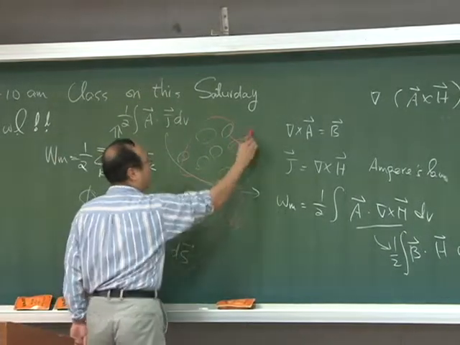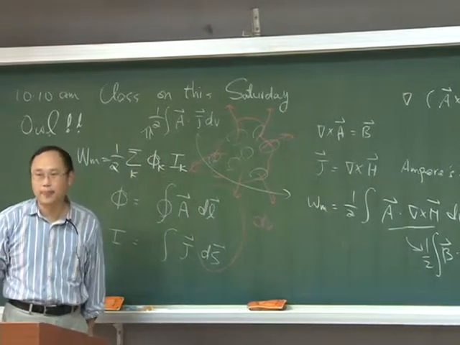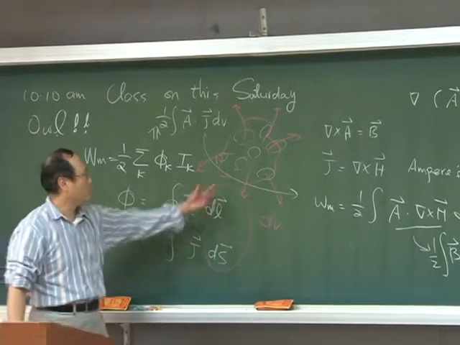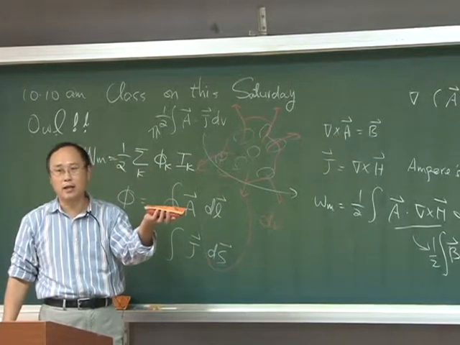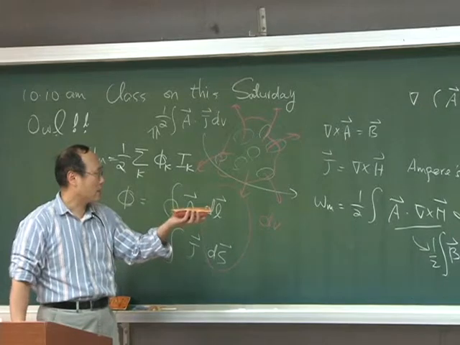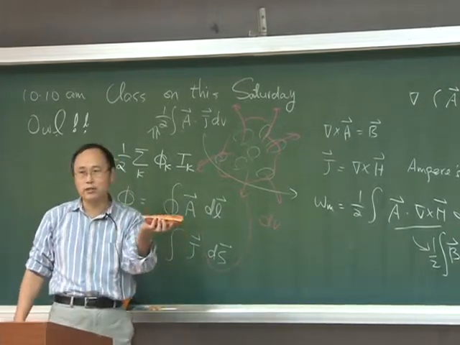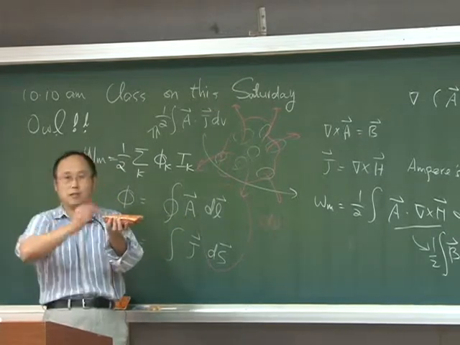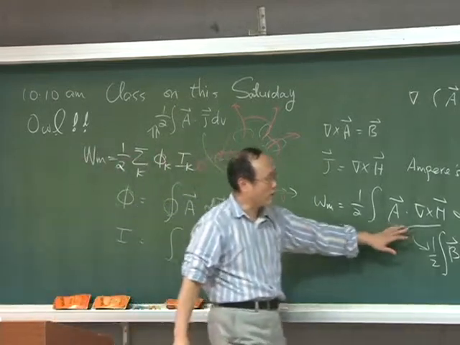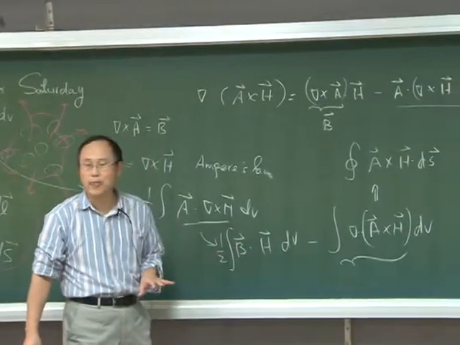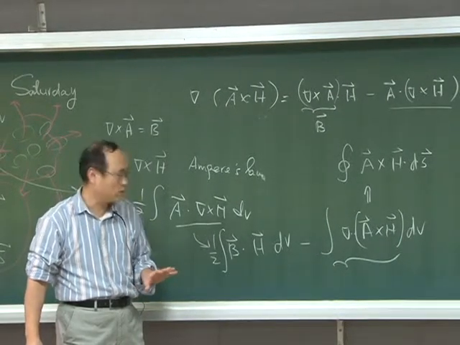The field can penetrate outside this volume. Even if your current loop is inside this material, however large the material is, when you calculate the field, the field is not limited by the boundary of the material; it can extend to infinity. So the integration of the volume and the surface has to go to infinity. Okay, has to go to infinity.